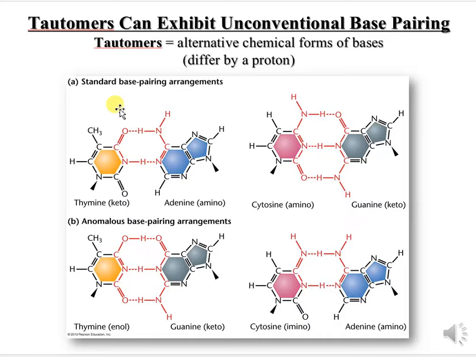So tautomers, these guys are sneaky. Tautomers are alternative chemical forms of bases that differ by one proton. The reason I'm bringing them up is that these are the guys that allow erroneous base pairings to go unnoticed through DNA replication.